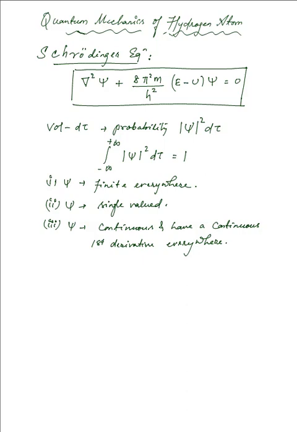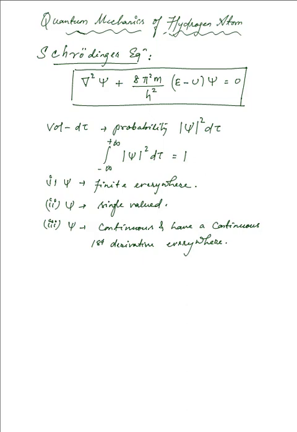So this can only be possible if the first order derivative has no discontinuity at any boundary where the potential changes. Furthermore, the existence of the first order derivative as a continuous function implies that psi is continuous across a boundary. Now, these requirements, which must be fulfilled by an acceptable eigenfunction, carry great significance.